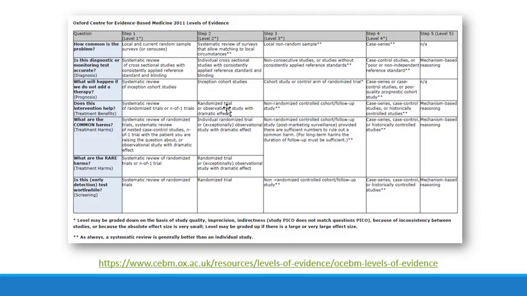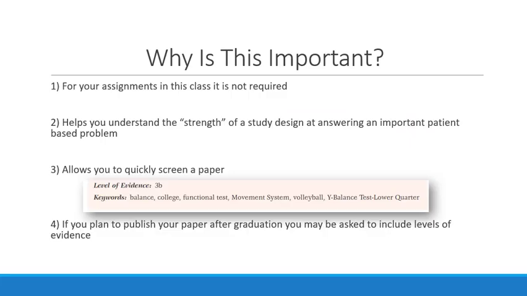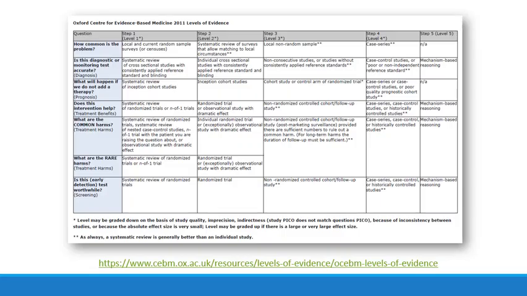Next, randomized controlled trials or observational studies with dramatic effects. And then you can read from there going down. This is one example. Why do I share this here? Why is that important? Well, for your assignments in this class, I'm not going to be asking you to define the level of evidence based upon the Center for Evidence-Based Medicine.